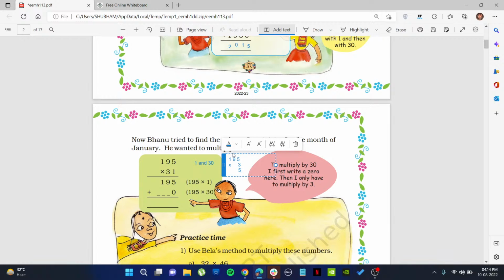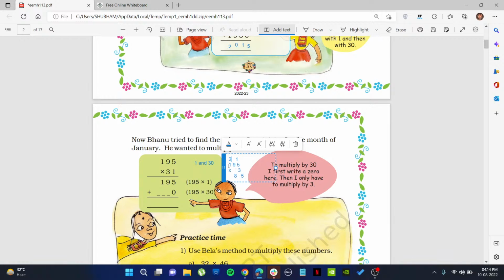One will be regrouped at the top. Now we will be multiplying 3 with this 9. So 3 times 9 is 27, and on adding 1 we will get 28. So we'll be writing 8 here, 2 will be regrouped at its top, and we're writing 2 here.